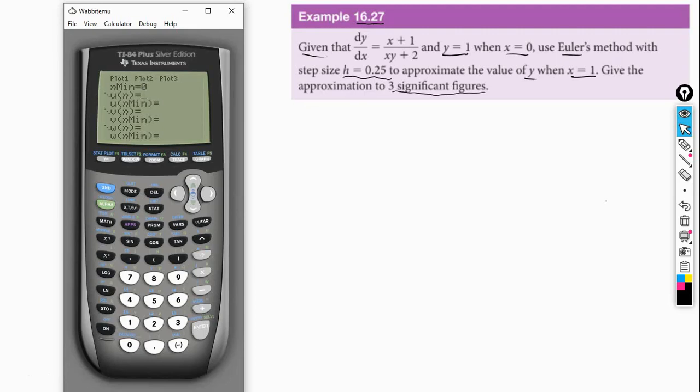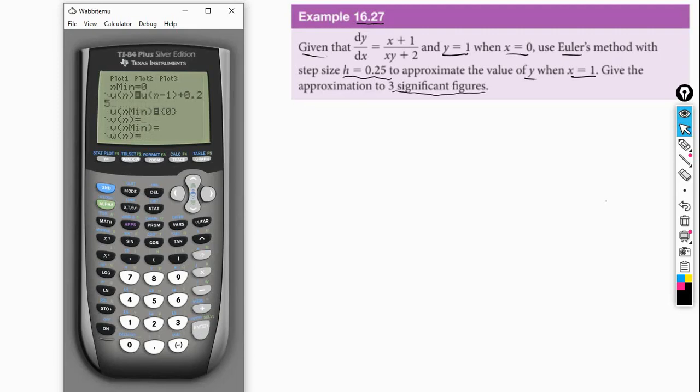So we type second 7, parenthesis n minus 1, plus the step, which in this case is 0.25. And then the minimum is the first value of x, which is 0.